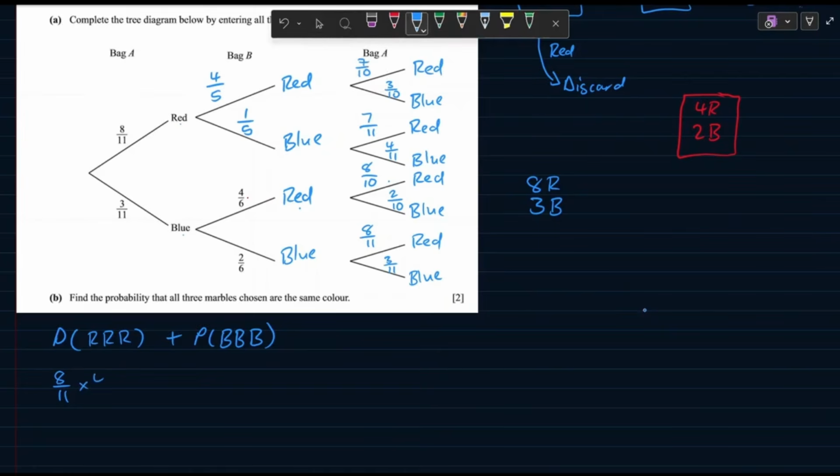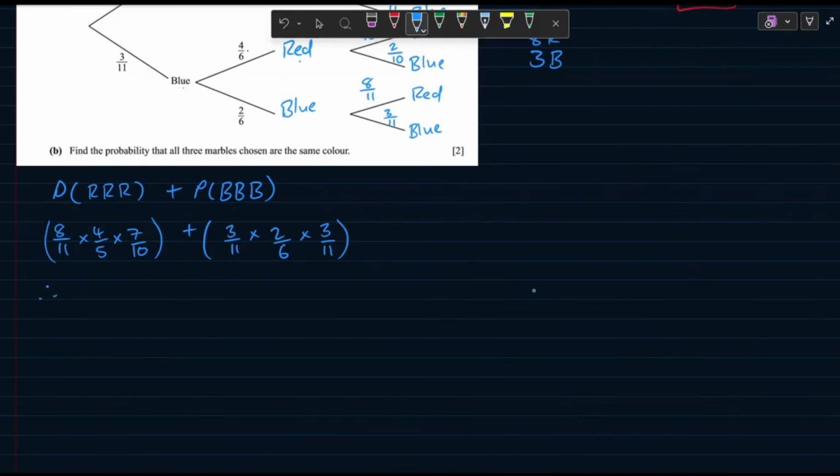So times 4 over 5 times 7 over 10, plus blue, blue, blue, that's 3 over 11 times 2 over 6 times 3 over 11.